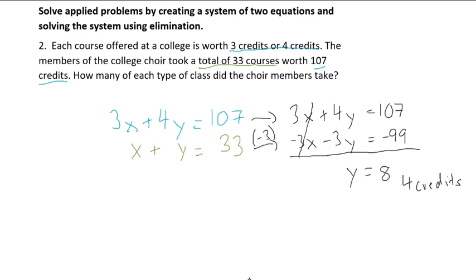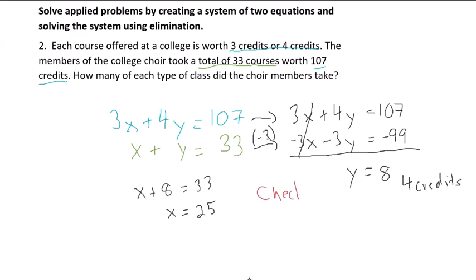Okay. And then we can plug in to one of the other equations. I will choose the second one, where it's x plus 8 equals 33. Subtract 8 from both sides, and you get x equals 25. So 25 plus 8 does give you that 33, and now we just need to check in that first equation to see if it equals the 107 that we needed.